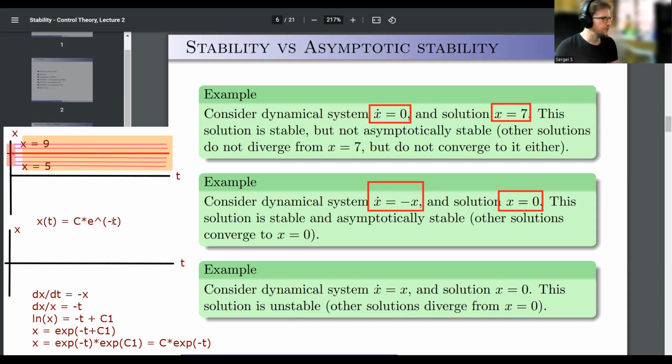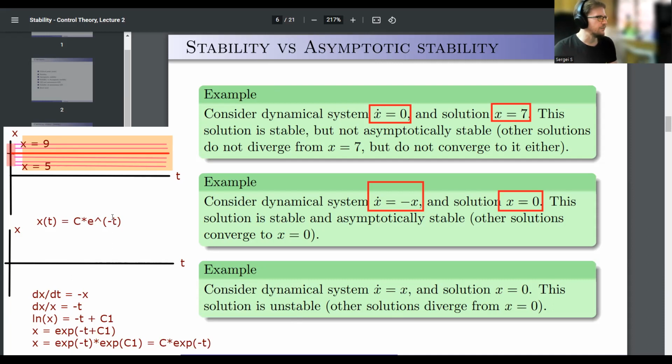So the solution will be c times e to the power minus t. As t goes to infinity, e to the power minus t will very quickly approach 0. C will be determined by the initial conditions.